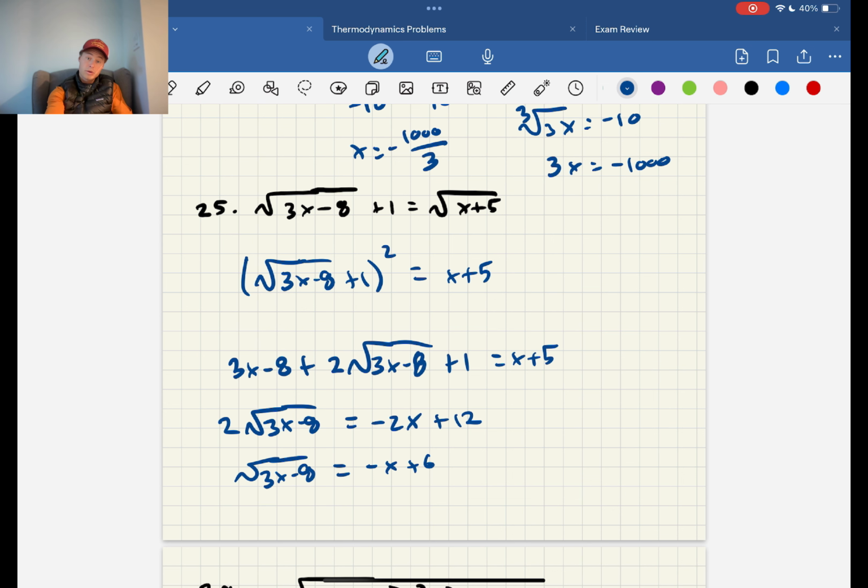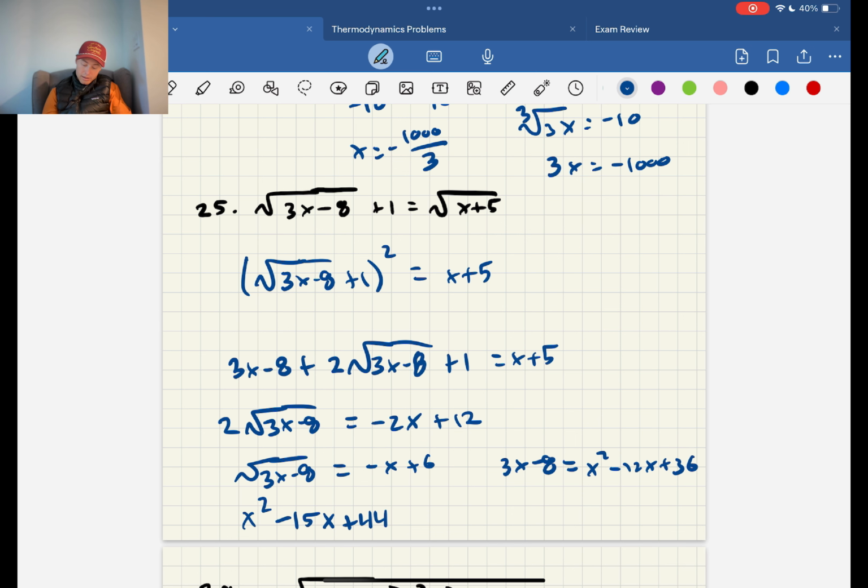Now we can square both sides, which will give me 3x minus 8 equals negative x plus 6 quantity squared, which is x squared minus 12x plus 36. Simplify by getting everything on one side. X squared minus 15x, and then plus 44.